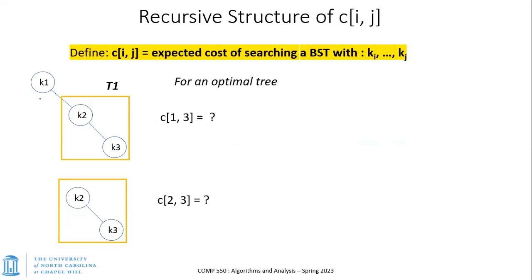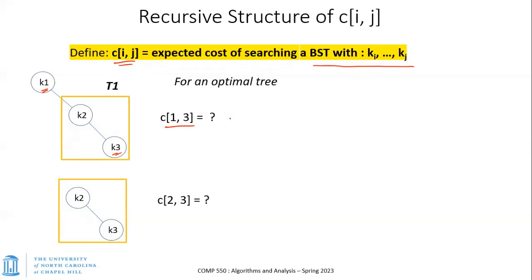Let's figure out the cost, and I'm going to define the following. C i, comma j is going to be the expected cost of searching a BST from Ki through Kj. In other words, the cost for going from K1 to K3 is represented by C 1, comma 3.